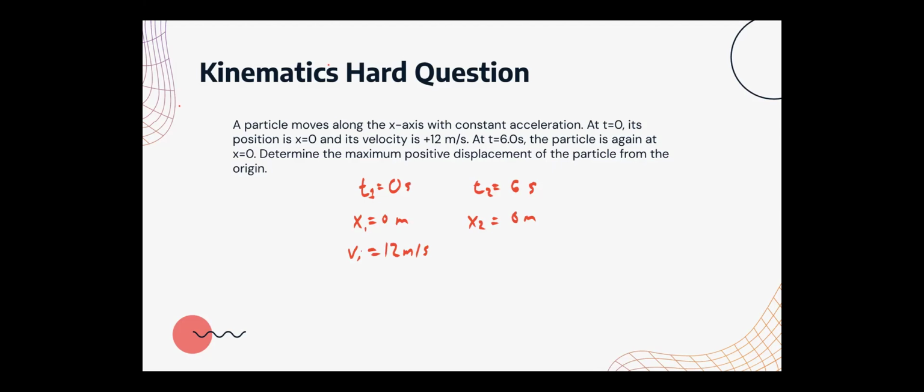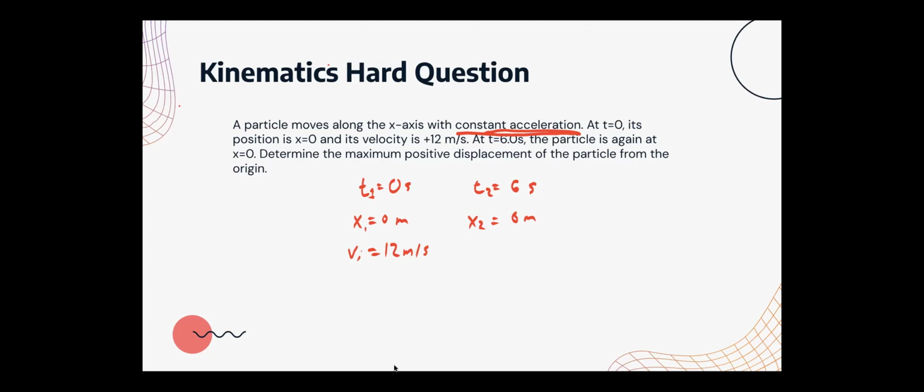Now this will be using a few equations combined. First we're gonna find the acceleration, because we know it's undergoing constant acceleration, right? And to find the maximum positive displacement, we have to know what this constant acceleration is.